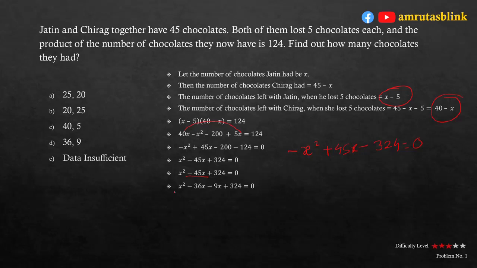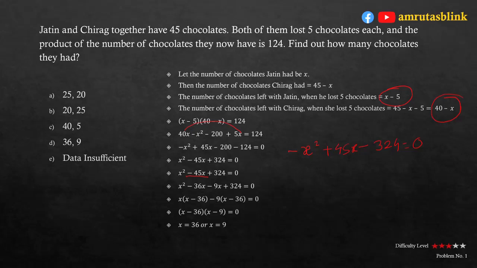Now from the first two terms, X common: X into X minus 36. From the last two terms we'll take minus 9 common: X minus 36 is equal to 0. So X minus 36 into X minus 9 is equal to 0. Now if X minus 36 is equal to 0, we'll get X is 36, and if X minus 9 is equal to 0, we'll get X is equal to 9.